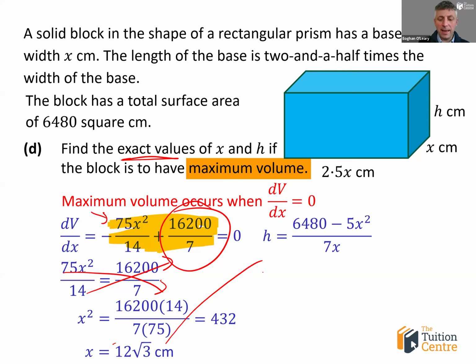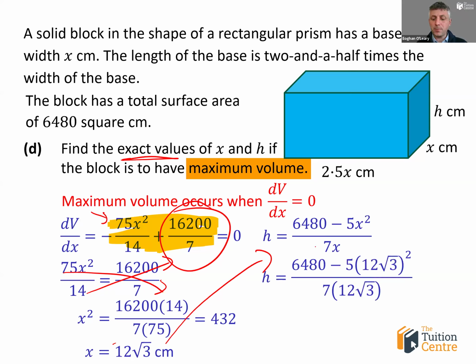So now we're going to sub in x for h. And we're going to be careful, particularly with squaring this part out here. That's going to square back out to 432. Multiply that by 5 and take it away from the 6,480, and then divide it by 7 times 12 root 3.